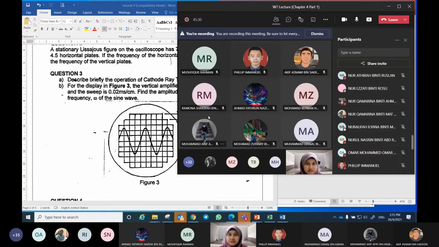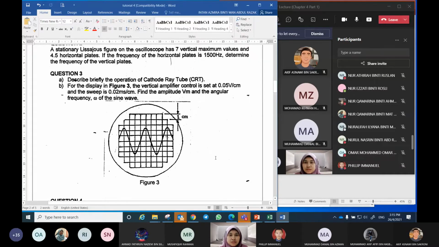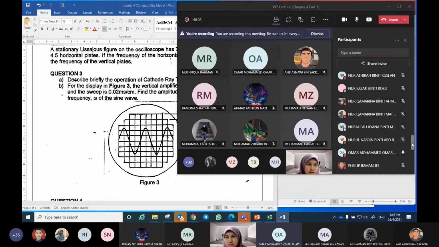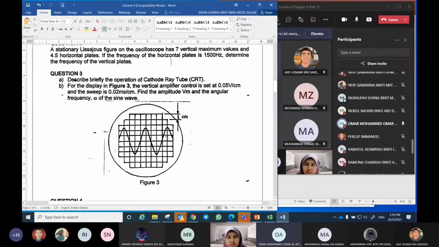Muhammad Omar Al-Atas, how to calculate the amplitude of this signal? Find the amplitude. You have to calculate the boxes in the wave.